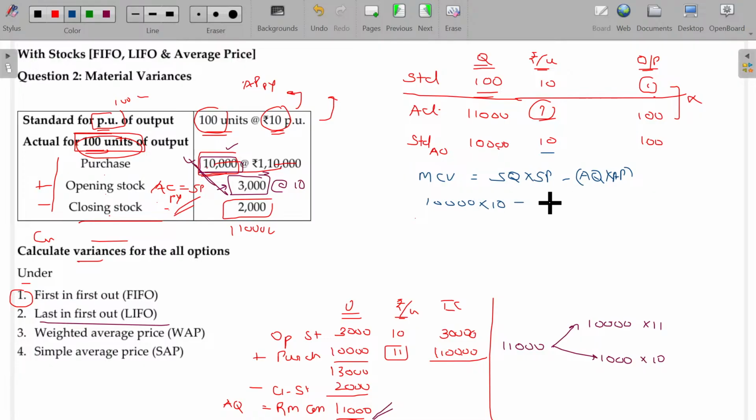Actual quantity into actual price is nothing but the summation, this value, 1,10,000 plus this 10,000, 1,20,000 is the value. So here you have paid around 20,000 more, adverse.